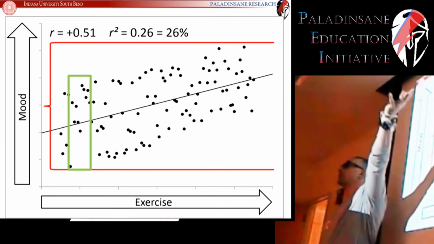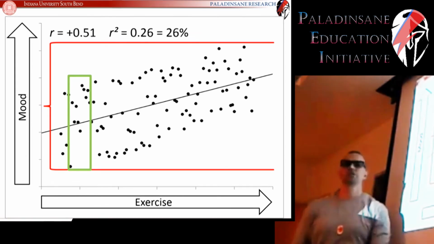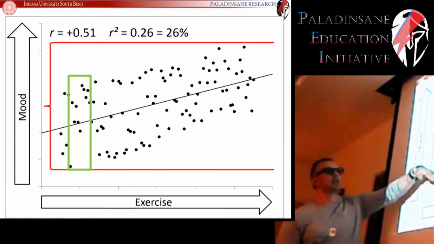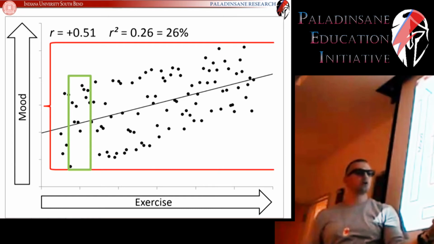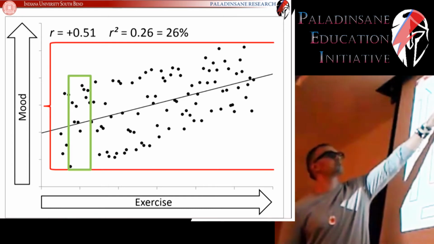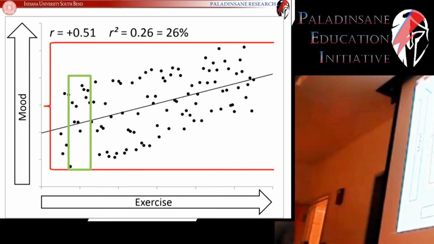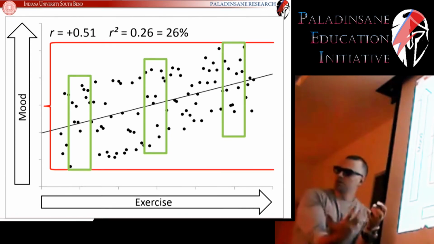It'll take 26% of the uncertainty away when you know about exercise. So again, if you're trying to guess what the mood is and you have no information, 100% uncertainty. As soon as you know what the exercise level is, only 74% uncertainty, because you reduced uncertainty by 26%. And that's going to be for whatever amount of exercise you know, it'll reduce that uncertainty.